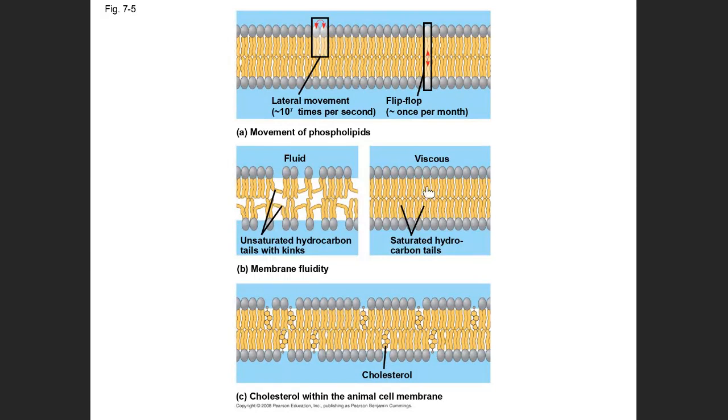If there are no double bonds and there are no kinks or bends in the hydrocarbons, that allows those membrane phospholipids to pack more tightly together, and that makes the membrane more viscous, much thicker. And so cells can regulate this aspect of their cell membranes. And some of that has to do with temperature.